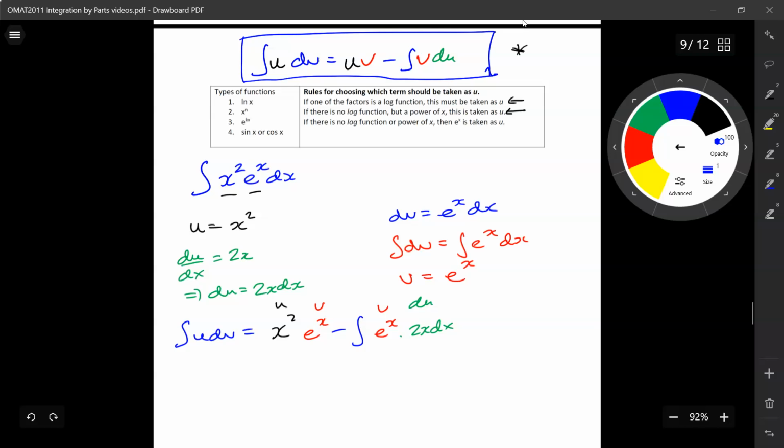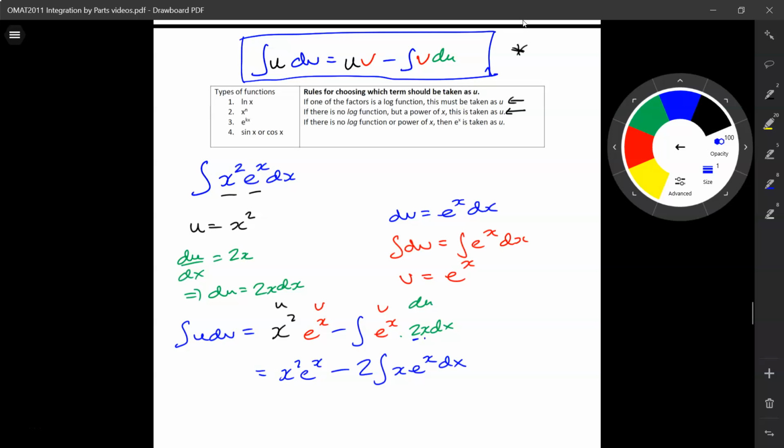And this gives us, if I tidy it up, x squared exponential x minus, I can take 2 out from the integral here, but I'm still left with the integral of x times exponential x dx. So I just bring the x to the front.